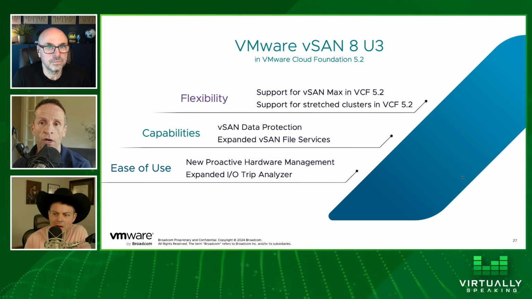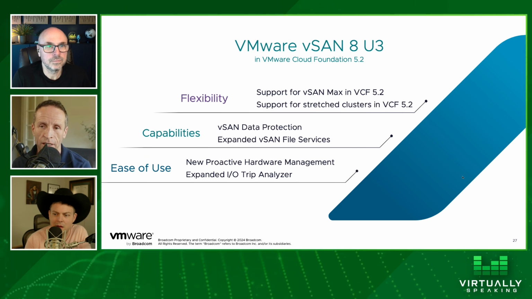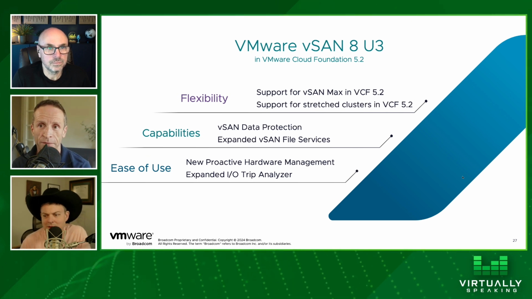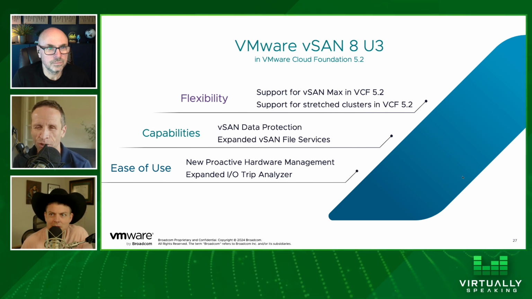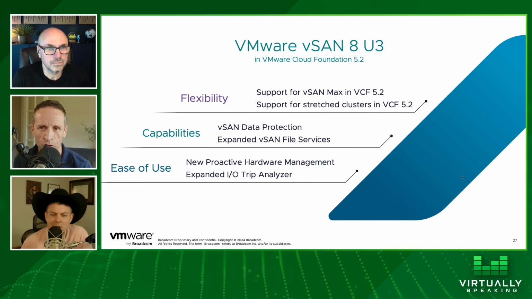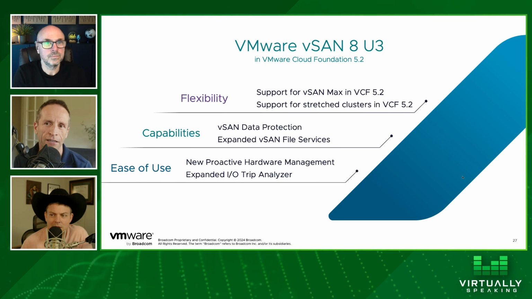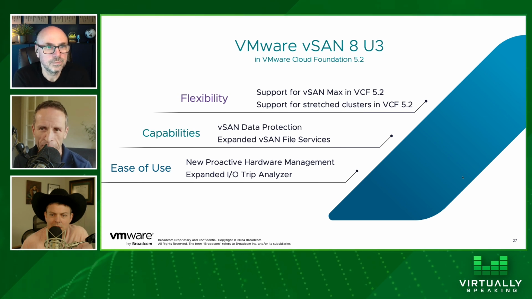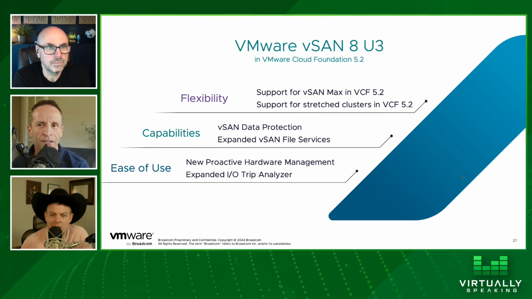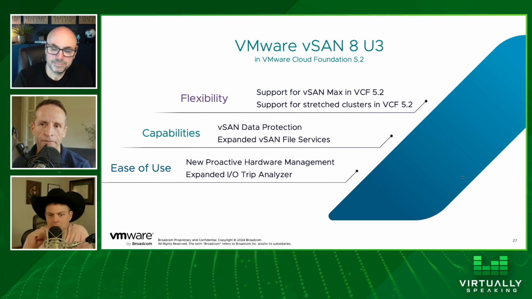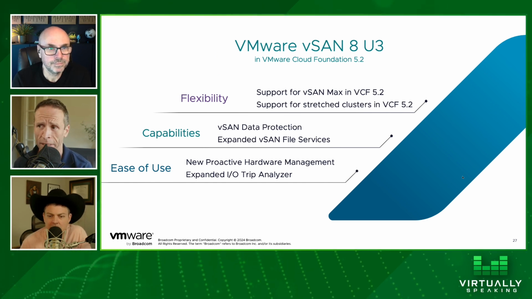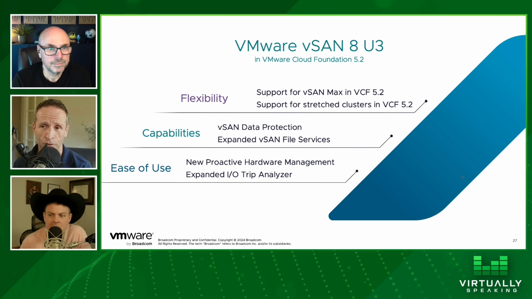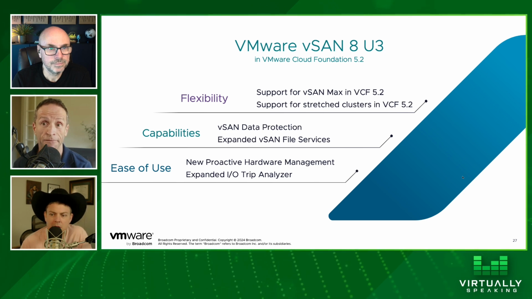Now you can run that IO trip analyzer across multiple VMs. You could only do one VM at a time in the past. So it's a great performance troubleshooting tool that now becomes even better when you're thinking about multi-tiered applications and so forth. So those are just some of the few additional features on top of what I think are really some tremendous improvements for vSAN and all of VCF.